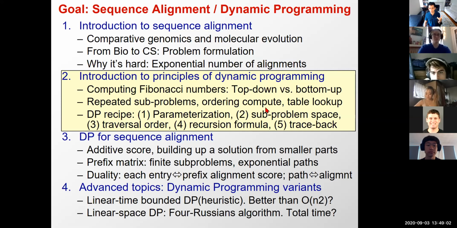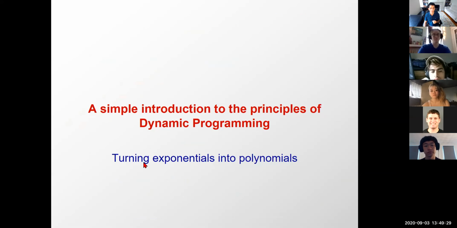We've been able to order the computation in a way that the subproblem is already solved when we need it, and then build a table lookup function that allowed us to look up the operations that we need to compute over and over again, so we don't have to recompute them. And we're going to look at this general recipe for dynamic programming of parameterization, subproblem space, traversal order, recursion formula, and then traceback. And then we're going to turn to apply that to sequence alignment.